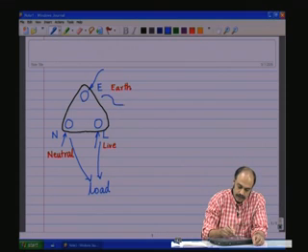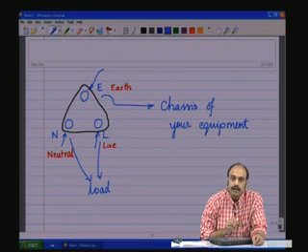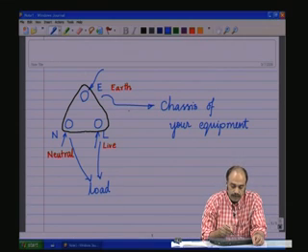The earth here is connected to the chassis of your equipment. This is because earth is always at zero potential.